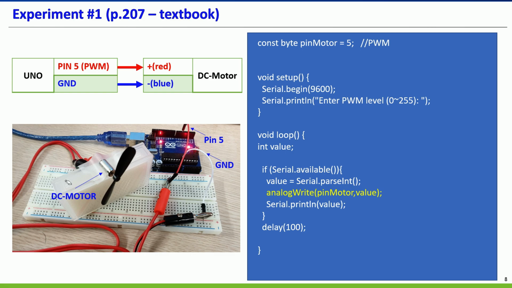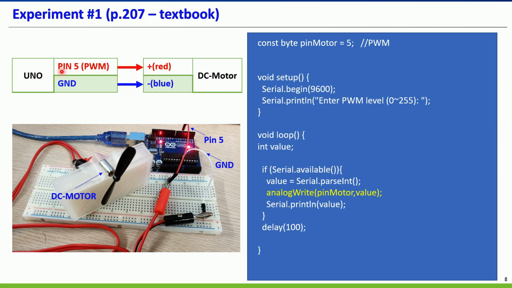All right, let's go to the first experiment for this DC motor. In this picture is a very simple experiment. This one is your DC motor with the propeller, and just give the positive to pin 5 for timer 0, if I'm not mistaken, and this one is ground.